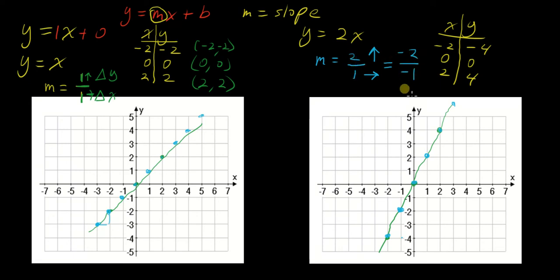This is the same as this. Remember this. Whenever you have a fraction, any fraction in the world, you can flip the sign of the top and the bottom both, and you still have an equivalent fraction, as long as you change both signs, not just one. Well, let's see if this holds true.